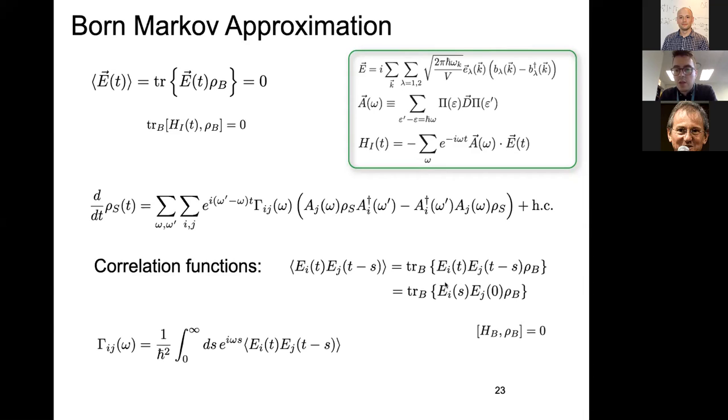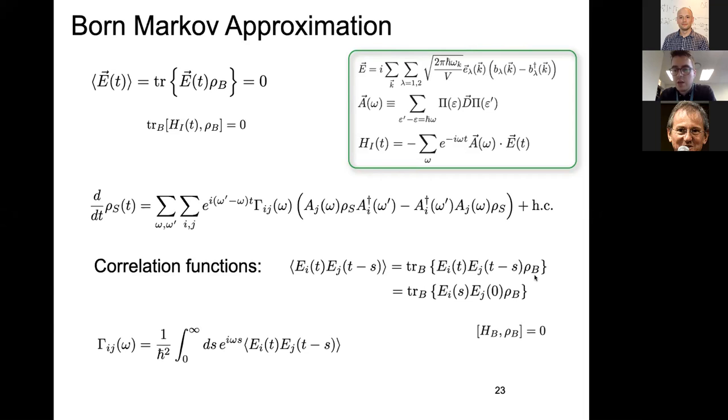And we can show that these reservoir correlation functions are time homogeneous. What that means is that our reservoir correlation function is an expectation value of two operators evaluated at two different times, t and t minus s. And we can show that this is time homogeneous for this example, in the sense that this expression only depends on the time difference s.